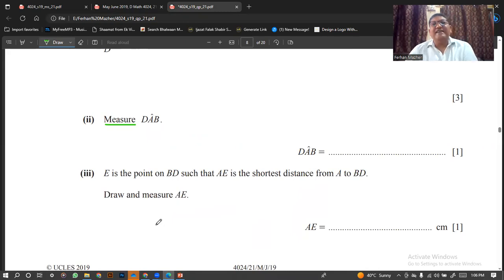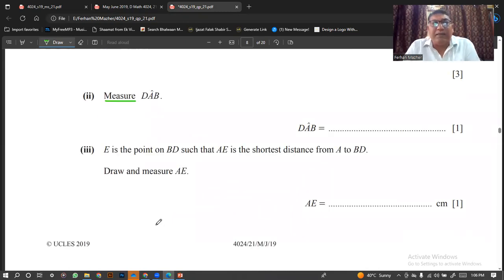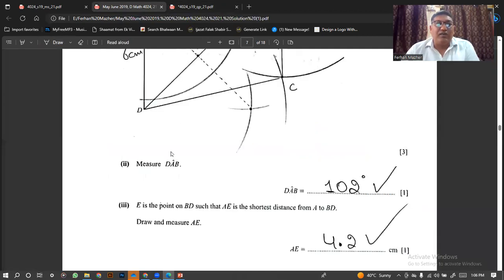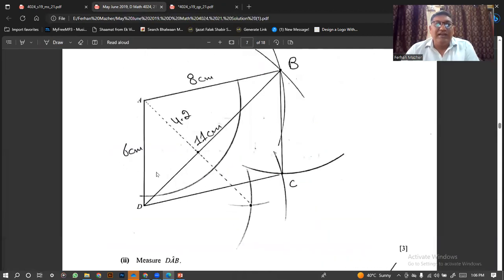Okay. Then he says E is the point on the BD such that AE is the shortest distance from A to BD. The shortest distance from A to the BD will be a line which will be perpendicular to the BD. So how will you draw a perpendicular from A onto the line BD? Very simple.